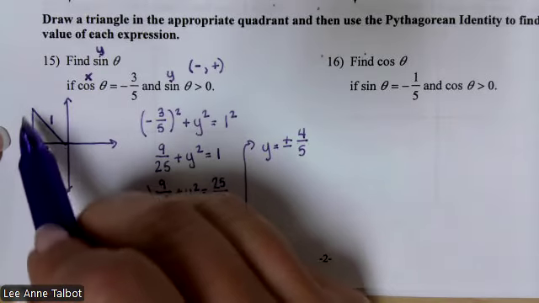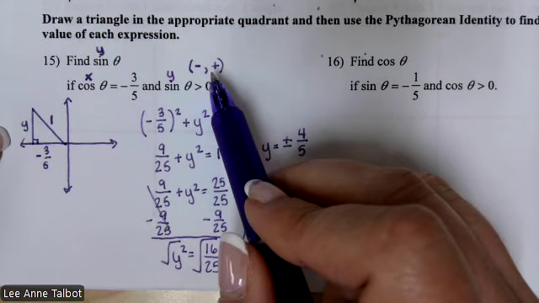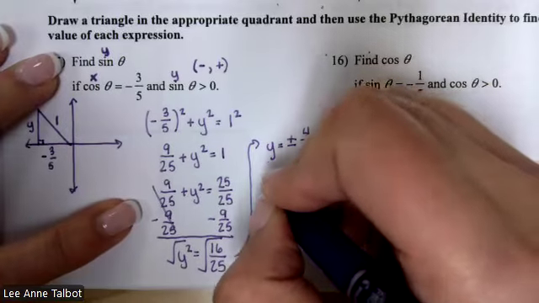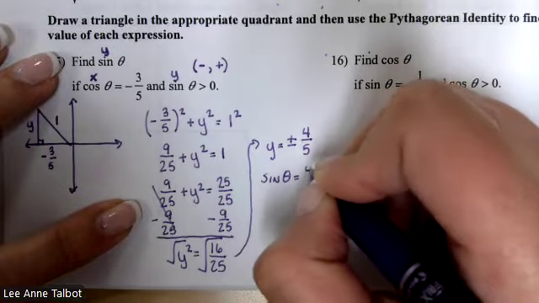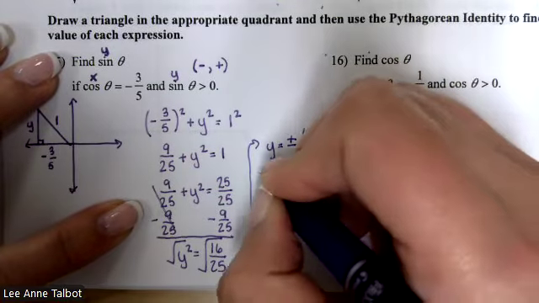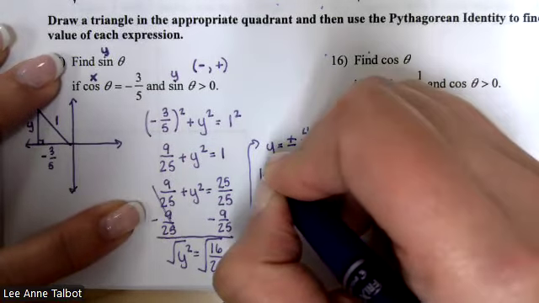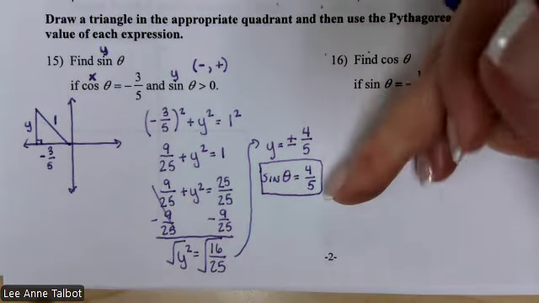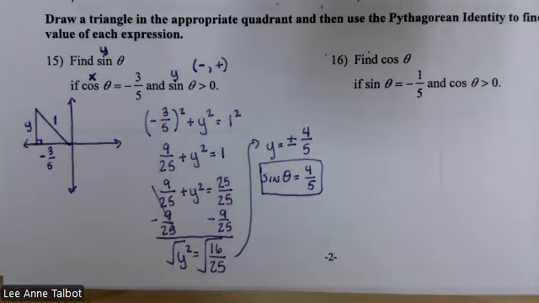If it's going up, that means that sine is positive, so you want to choose the positive one. Do you see where I made that choice? So then your final answer is sine of theta is the positive one. It's important to me that you show your plus or minus here and then choose the proper one for your quadrant for your final answer.